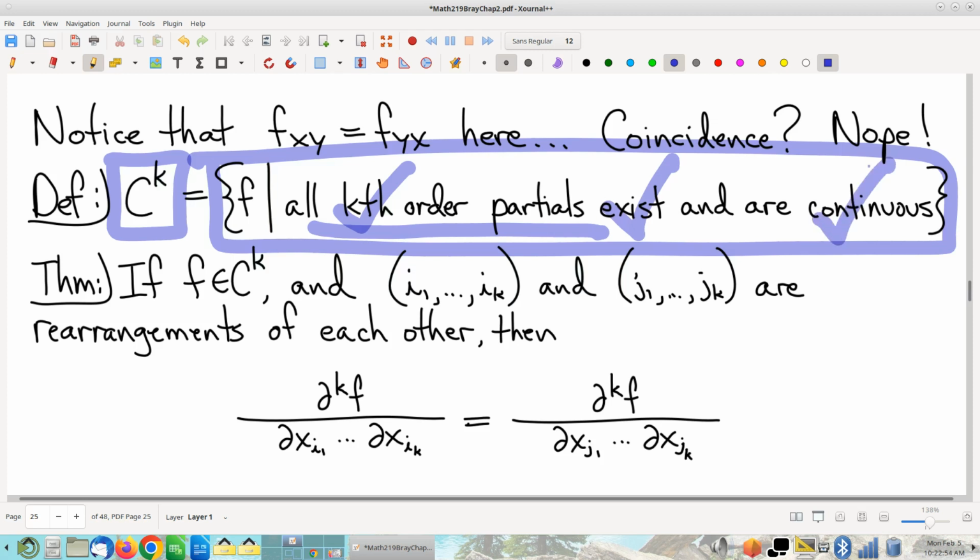Now, if you were going to do this with the fourth derivatives of some function of 5 variables, that's a tremendous number of different partial derivatives that you would have to compute and confirm that they exist and confirm that they're continuous, and that would be a lot of effort.